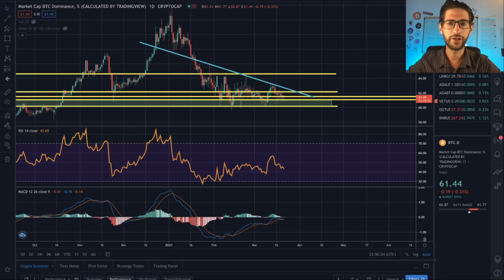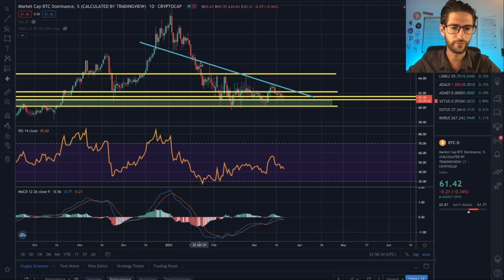Hey guys, before checking the charts for ADA, we need to see how we are in the Bitcoin dominance market. So in this chart we can see that from the end of December 2020, the dominance of Bitcoin had been falling dramatically, and that was contrary to the altcoins that exploded from December into the first week of February, like we can see here.